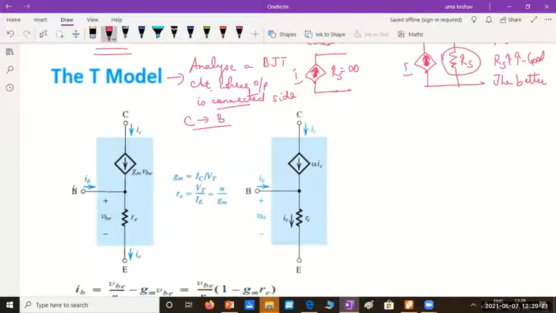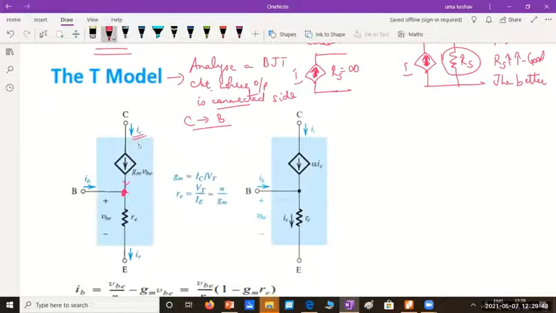So what is the change in T model? As you can see, in this T model, we have used the base as the common terminal between the collector and emitter. You can see here, flowing from the collector towards the emitter, I have the collector current IC.